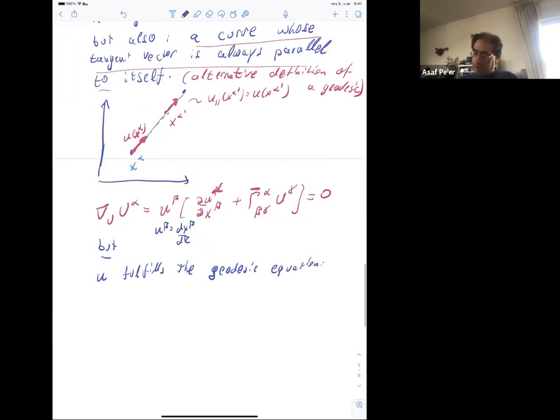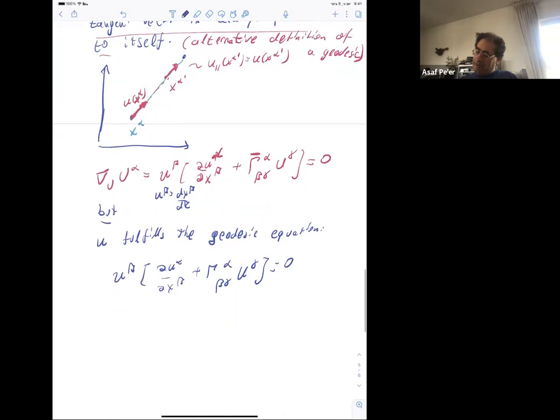So I can write it down again as u beta du alpha over dx beta plus gamma, but now it's a real affine connection, alpha beta gamma u gamma, is equal to 0. So immediately we get that this linear term, gamma bar alpha beta gamma, must be equal to gamma, the affine connection. This pretty much answers your question, right?